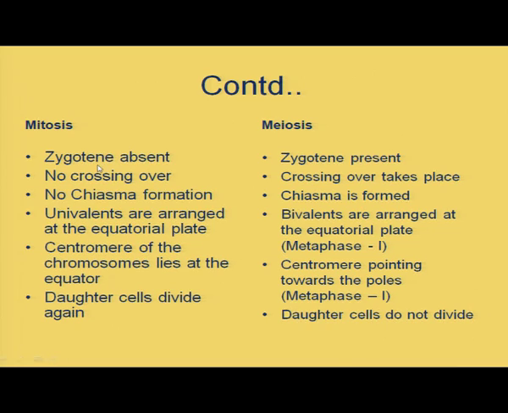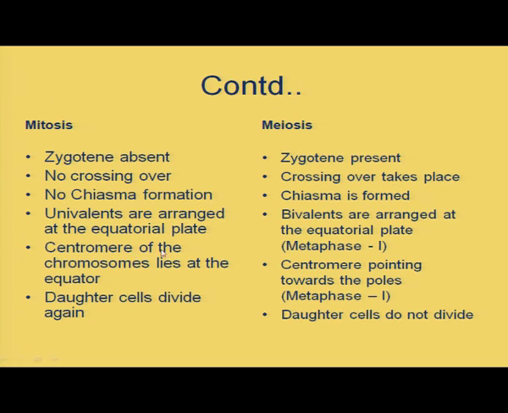No zygotene in mitosis, zygotene is present in meiosis, with pairing of homologous chromosomes. No crossing over in mitosis, no exchange of chromatids between the homologous chromosomes. In meiosis it takes place. Since there is no crossing over, no chiasma formation in mitosis. In meiosis chiasmata are formed.